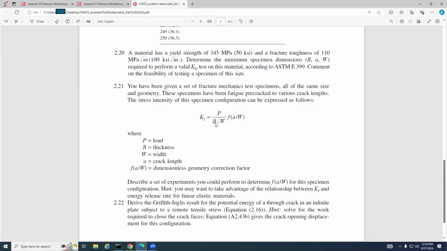Any questions so far? One more time. For this one, what I want you to do is write this exact equation, okay? So this equation is a function of these three. From here, based on the compliance, you can get the derivative of the compliance with respect to a and W. After you get this value, you insert it into this equation, and then you can design the experiments.